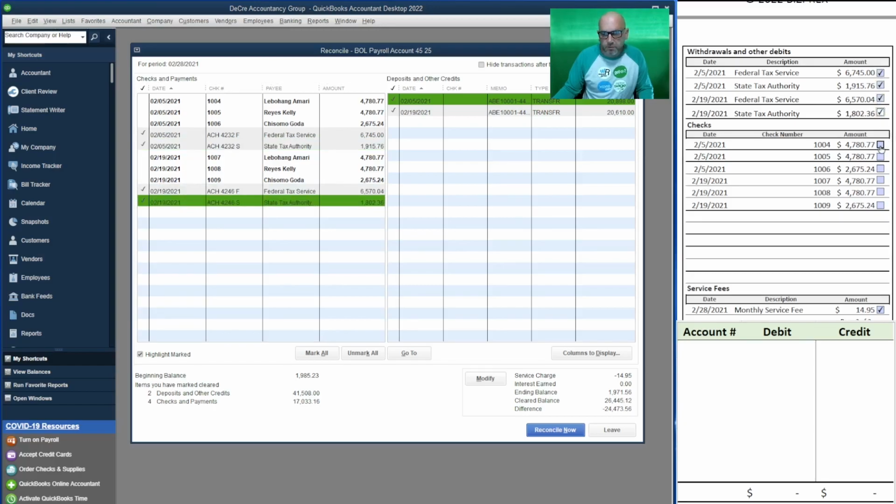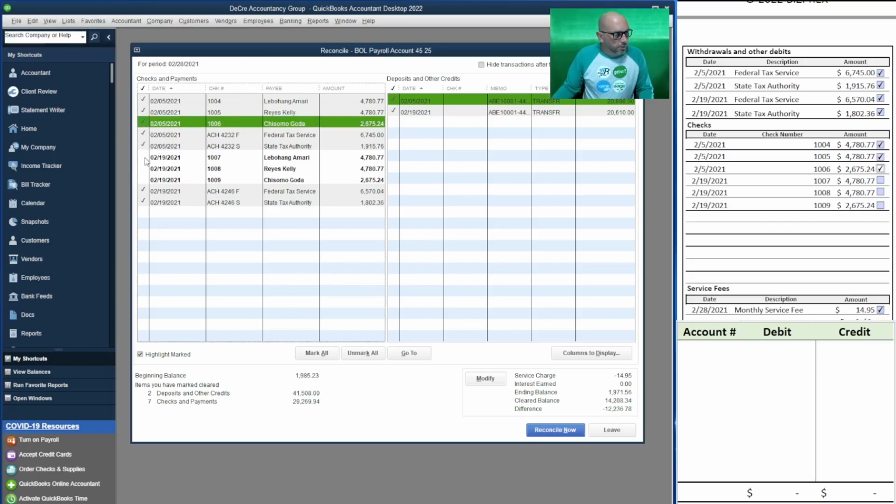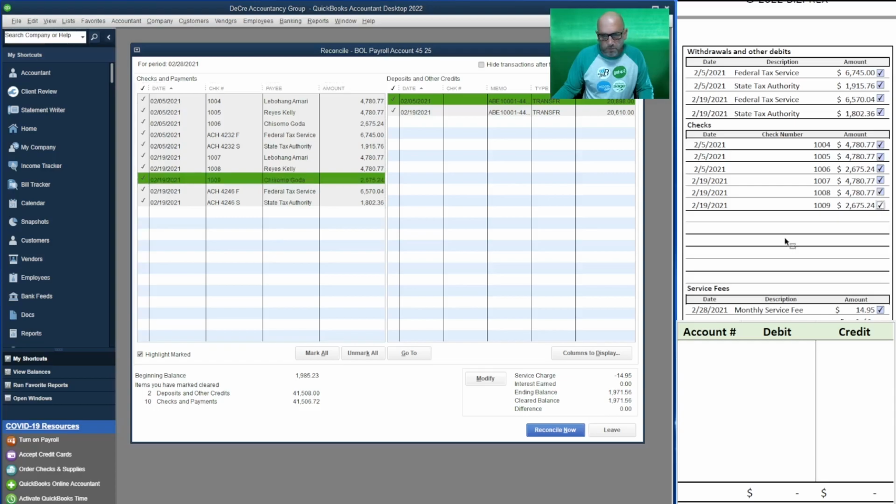That works. And then we have some of our checks. All right. And last one. And we're at 0. Yay. That's what we were going for. Payroll account reconciled. Let's go ahead and finish that reconciliation.